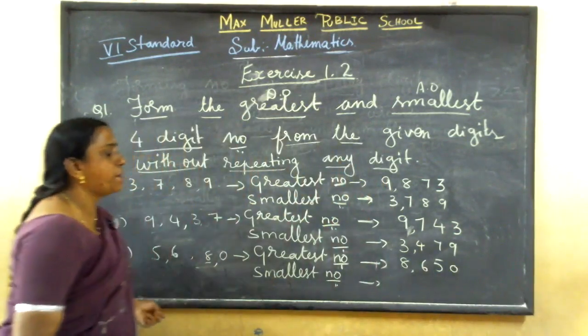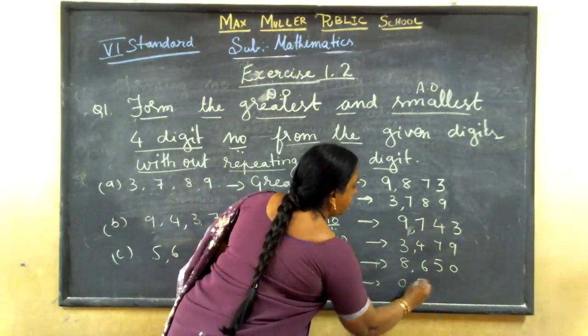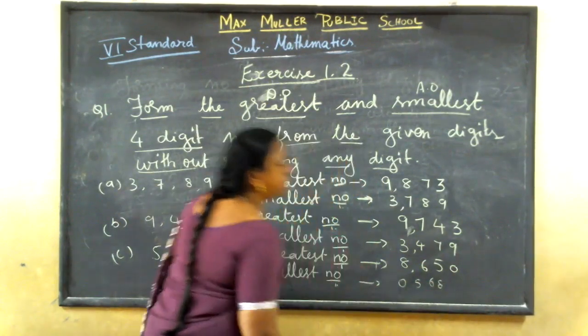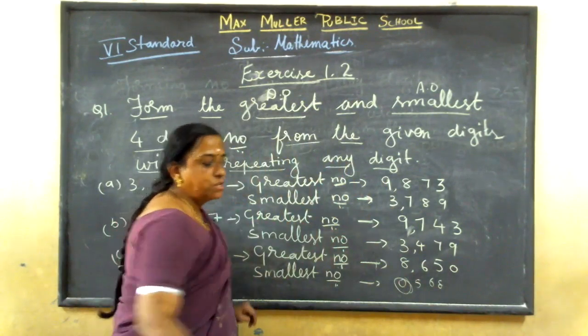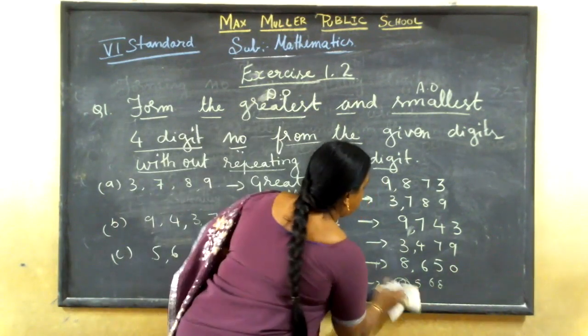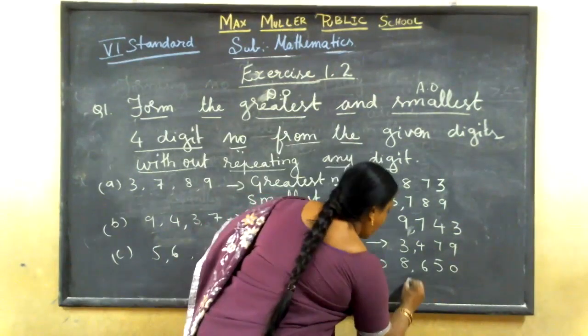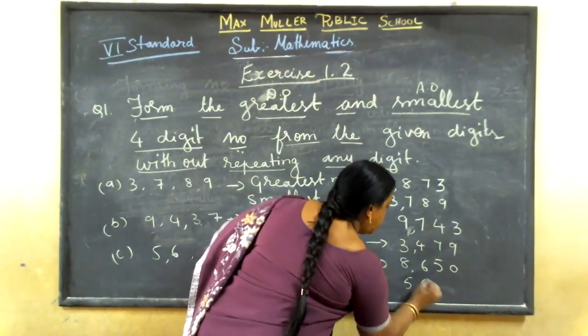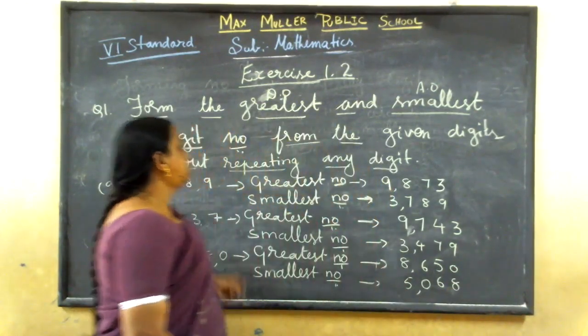Now the smallest number. Among 0, 5, 6, 8, is it correct to start with 0? No, because we can't take 0 in the highest place. So in that case, what should you do? Take the next smallest number, first 5, then add 0, then 6, 8. Got it? Understood?